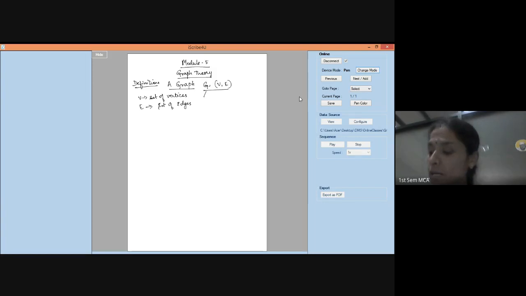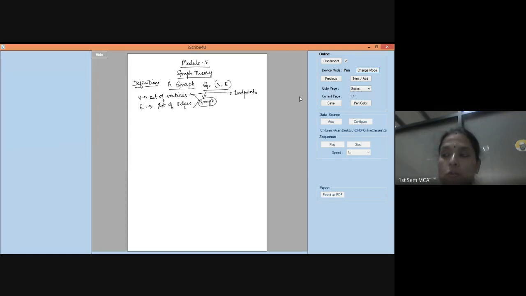That means a graph G is made up of always vertices as well as edges. Every edge has either one or two vertices associated with it. These vertices we also call endpoints.